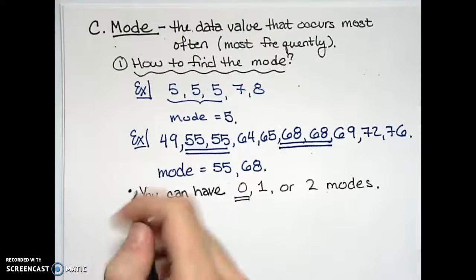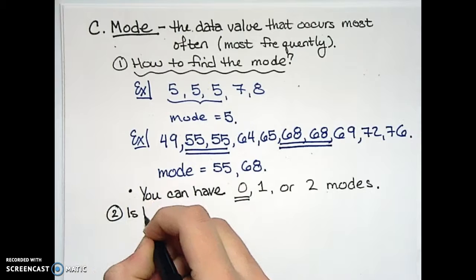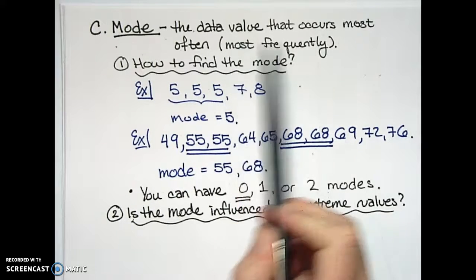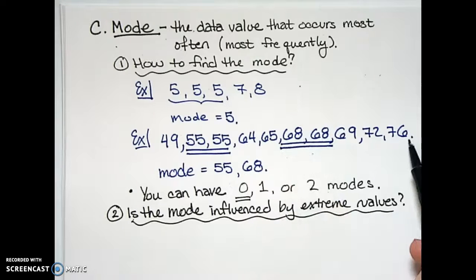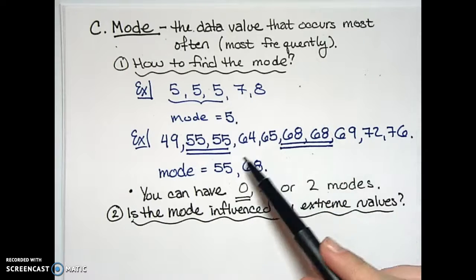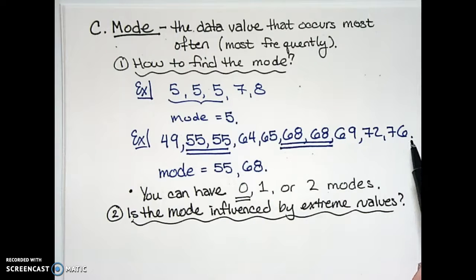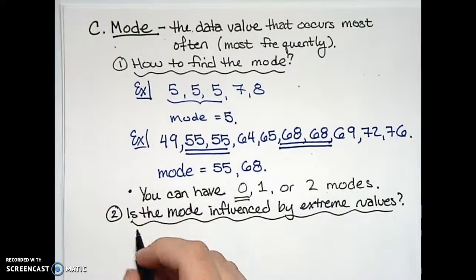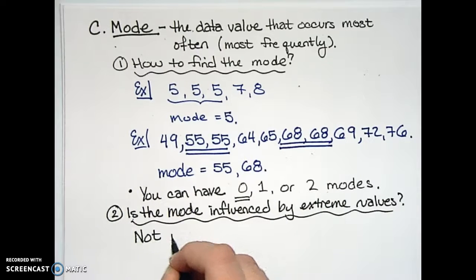So on to the second question. Is the mode influenced by outliers? Since the mode identifies the value that occurs most frequently, if I throw in a really high number, again, suppose we throw 100 into this data set here, that's not going to change the values that occur most frequently. So the answer is not really.